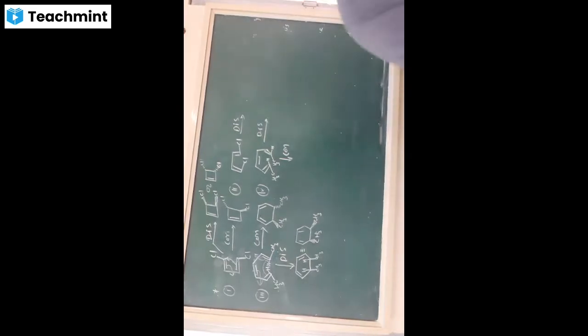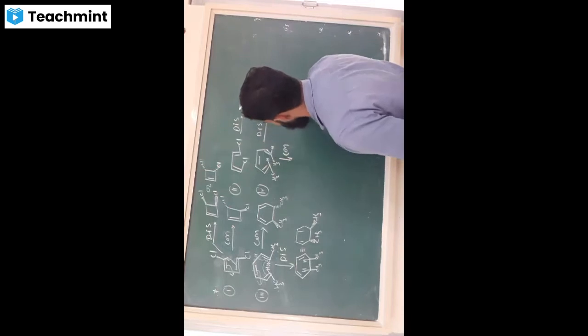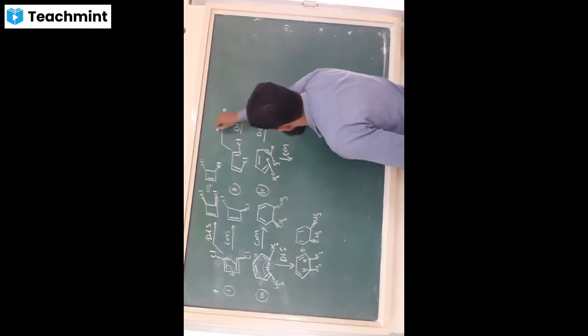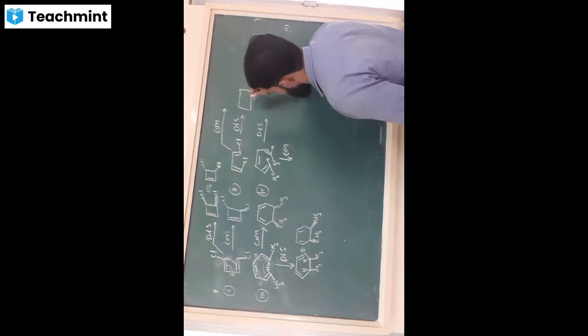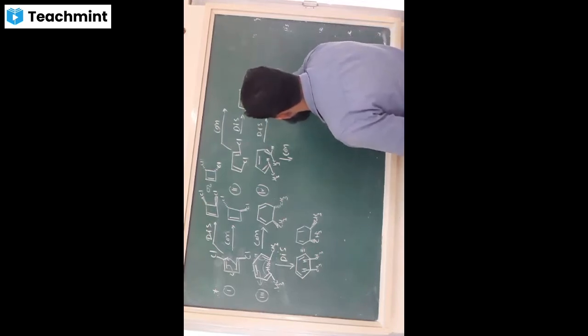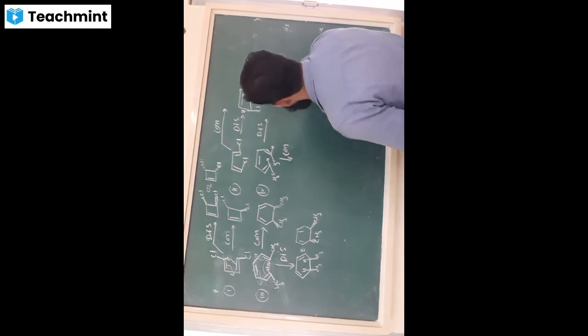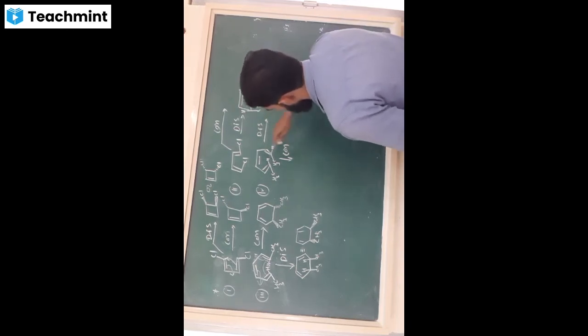So I will write the product of this reaction again. Both the chlorines are on the same side. On disrotation, what happened? They will appear on the same side. We can say opposite side. So I will write here CHCl, and this one becomes ClCH. They are on the same side.